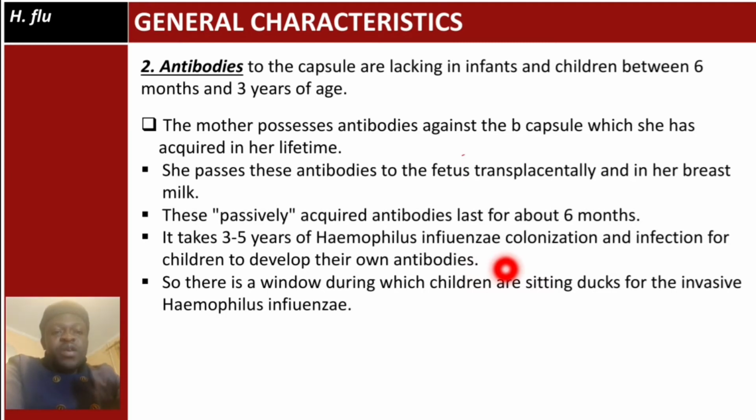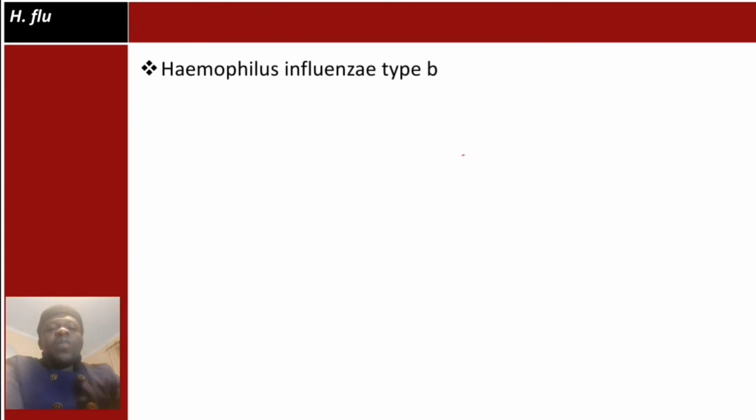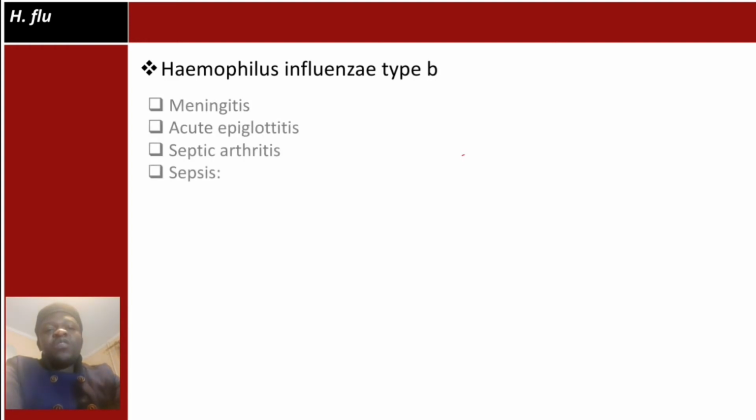So there is a window during which children are sitting ducks for invasive Haemophilus influenzae. Haemophilus influenzae type B causes 4 main diseases: meningitis, acute epiglottitis, septic arthritis, and sepsis.